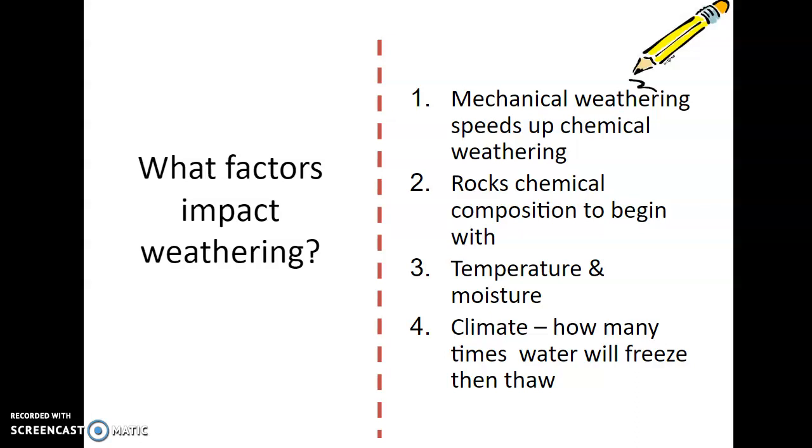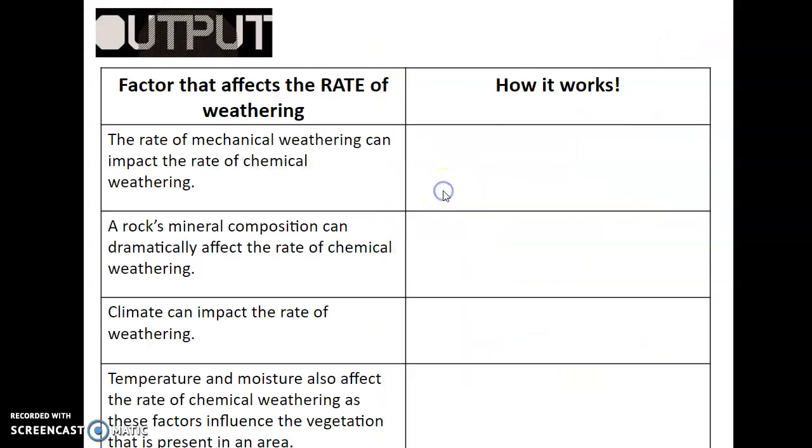Temperature and moisture. With more temperature and more moisture, you will have an increase in weathering compared to when there is a lower temperature and less moisture. And then climate, how many times water will freeze then thaw, changes how many times you'll see frost wedging occur. So that will also impact weathering.